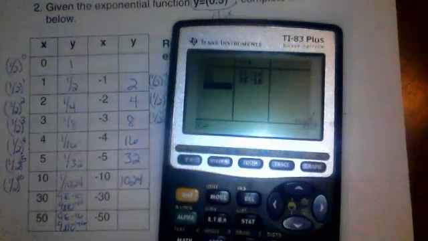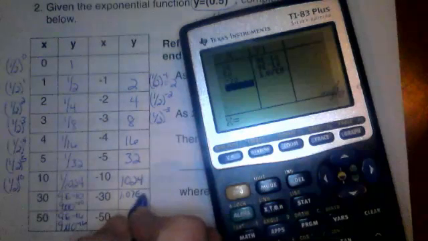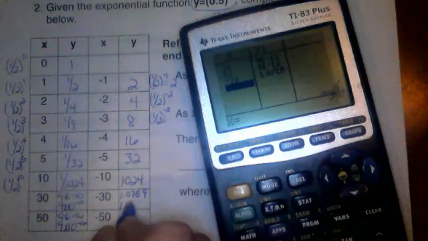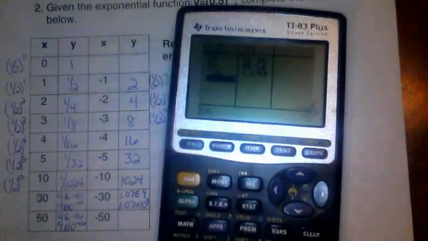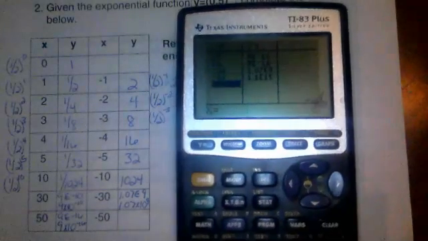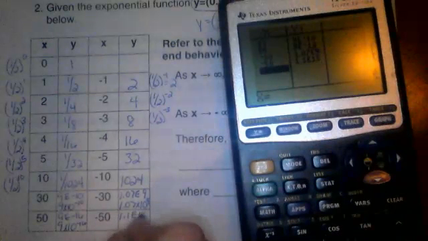Whenever you raise this to the negative 30th power, we get 1.07 E9, or 1.07 times 10 to the 9th power. And when you put in negative 50, you get 1.1 E to the 15, or 1.1 times 10 to the 15th power.